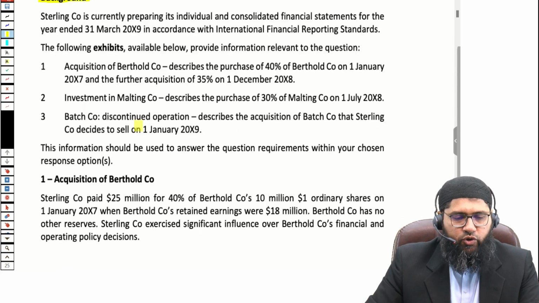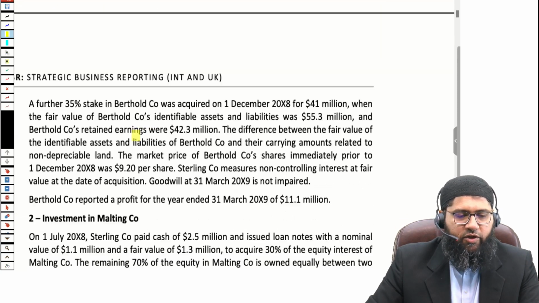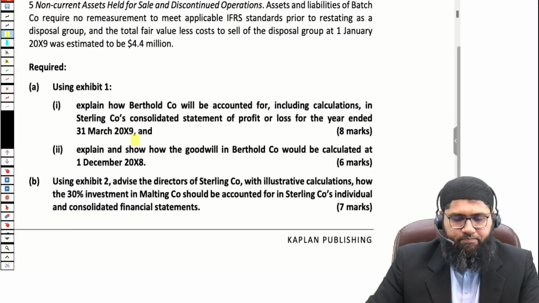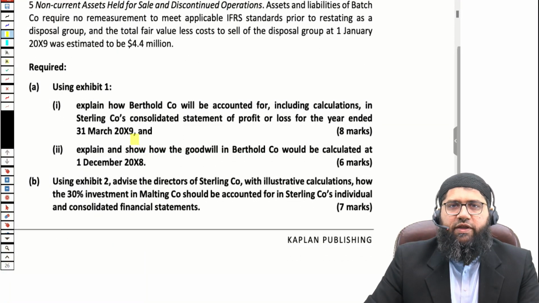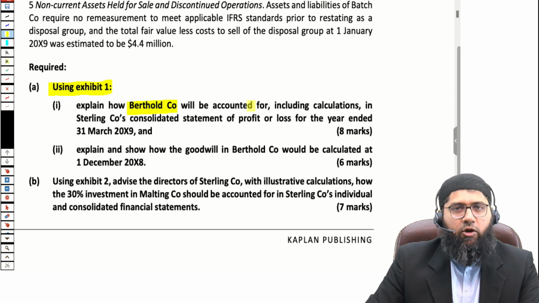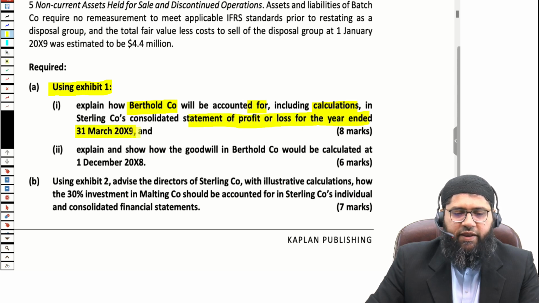First of all, I would go through the requirements of the question. One requirement says: using exhibit number 1, explain how Birdhold company will be accounted for, including the calculations, in the consolidated statement of profit or loss for the year ended 31st March 2009.